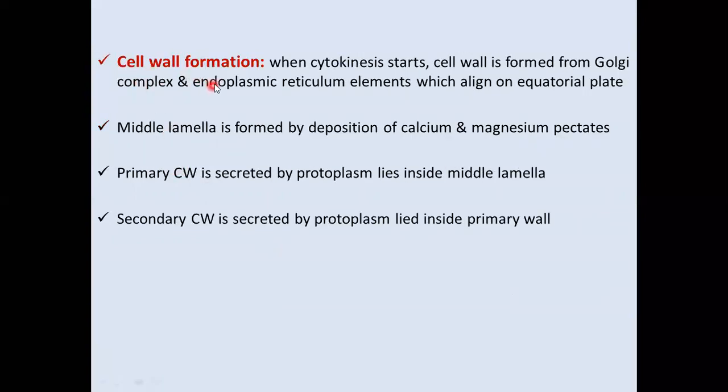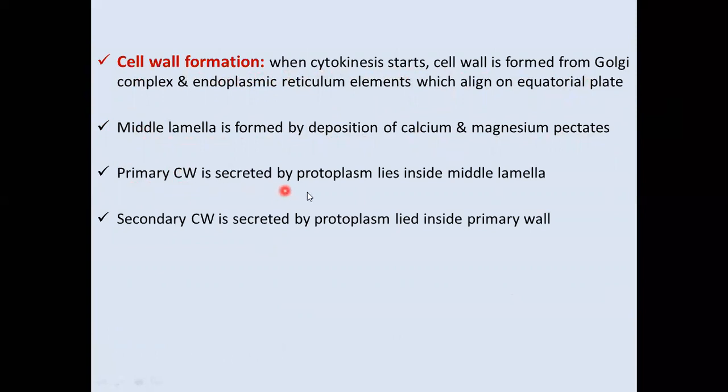Next is cell wall formation, that is, how the cell wall forms. When cytokinesis starts, the cell wall is formed from Golgi complex and endoplasmic reticulum elements which align on the equatorial plate or the central position of the cell. Then the middle lamella is first formed by deposition of calcium and magnesium pectates.